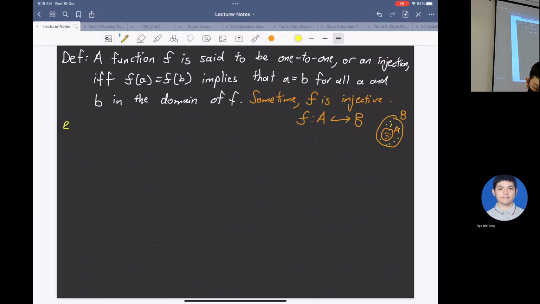So for example, f(x) equal to x squared is not injective. Why? For example?